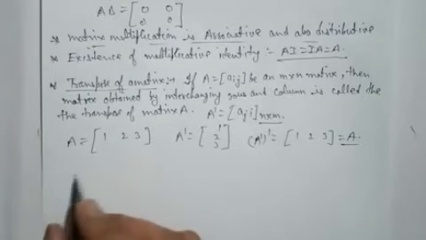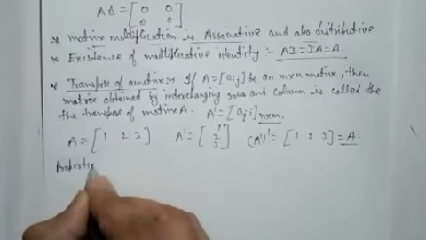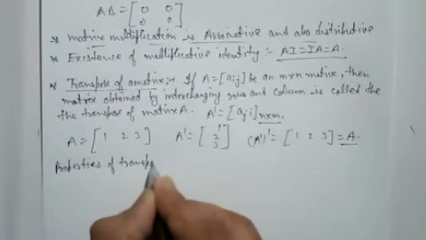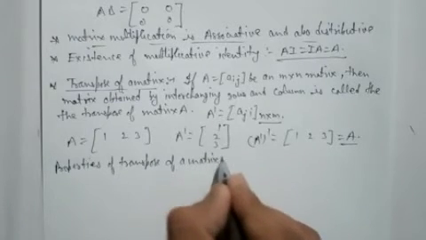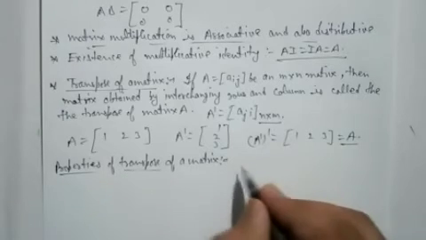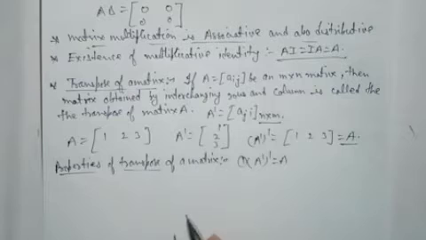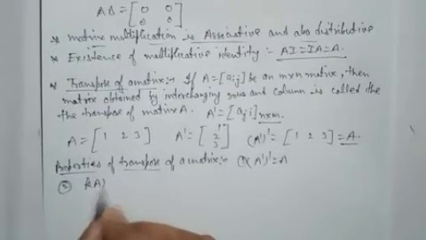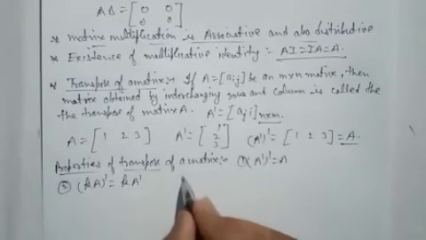Clear? Then properties of transpose of a matrix. First is (A transpose) transpose equals A matrix. Clear? Second is, if K is any scalar, then (KA) transpose equals K times A transpose.